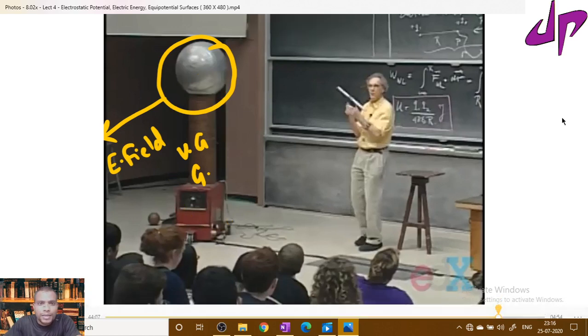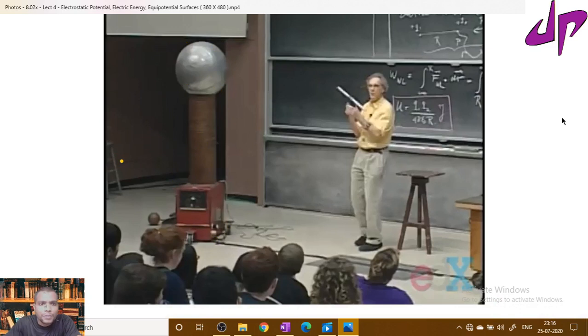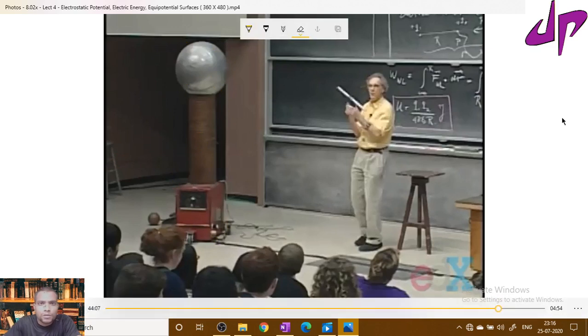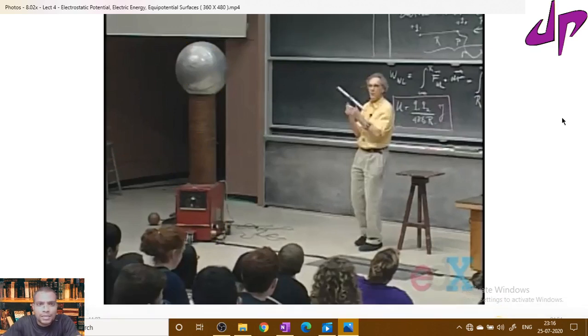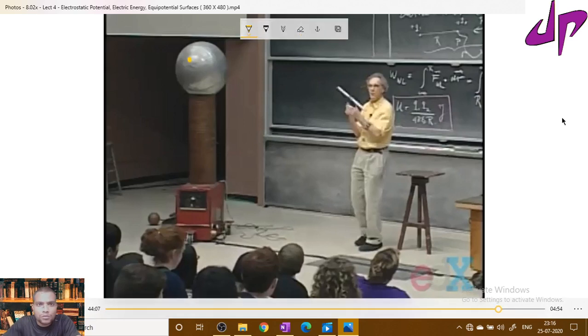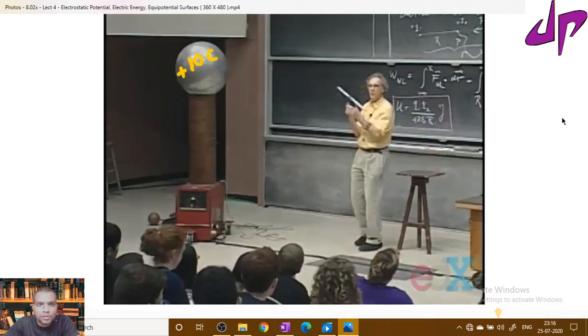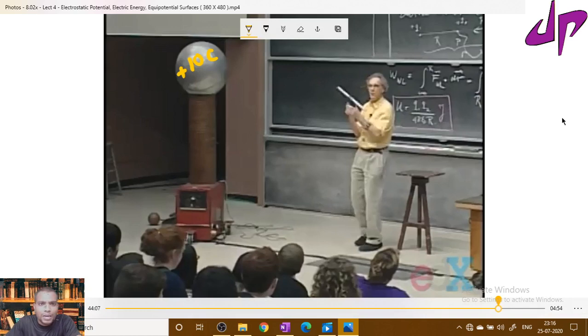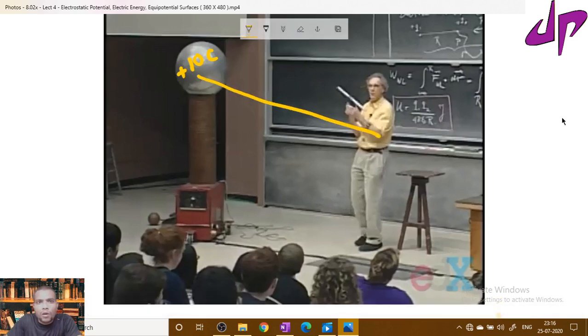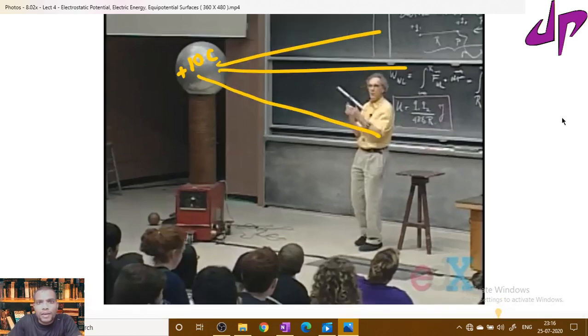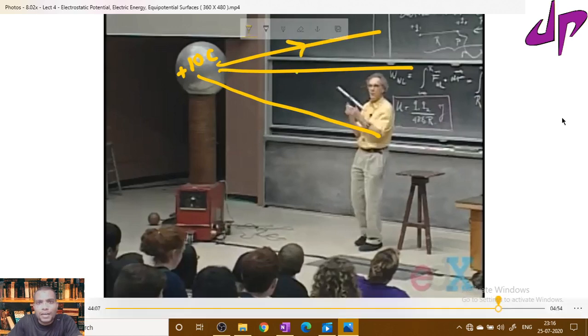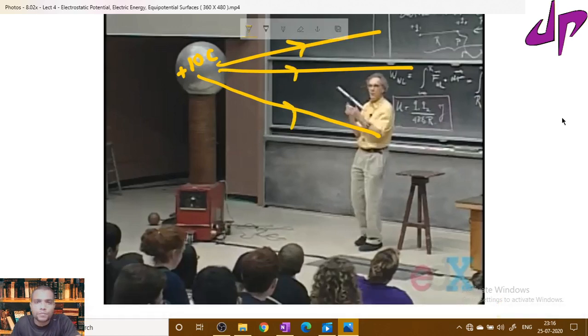If you give a charge on this spherical surface, suppose it contains plus 10 coulombs, it acts just like a positive source charge. Because of this source, we know that an electric field exists everywhere.